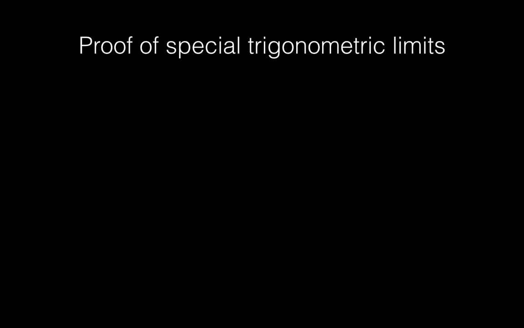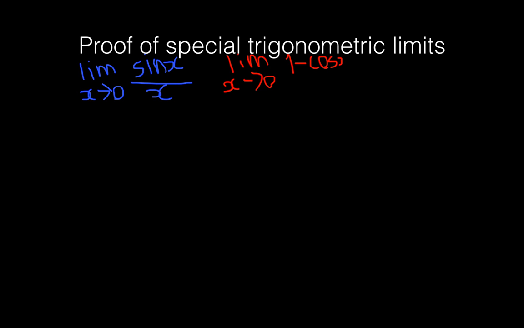The two special trigonometric limits are the limit as x approaches 0 of sine of x over x, and the limit as x approaches 0 of 1 minus cosine of x over x.